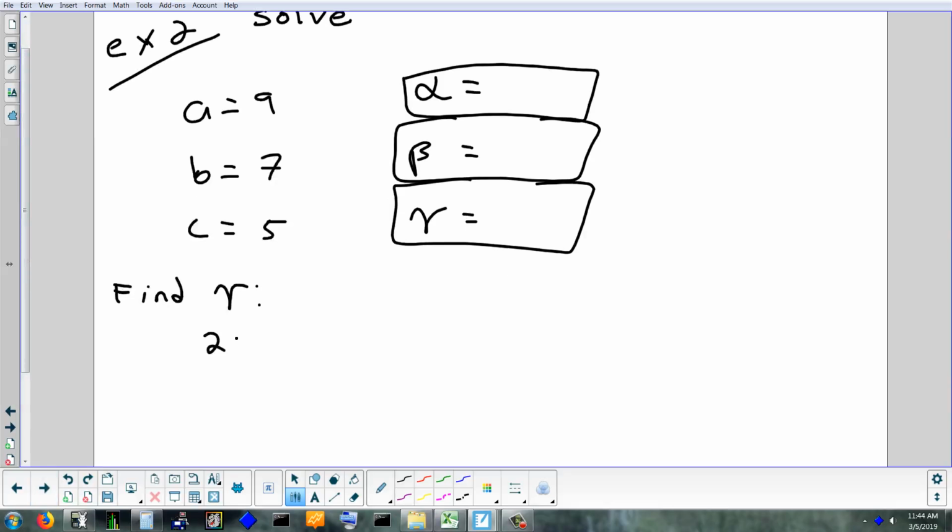C squared, yep, plus 9 squared plus 7 squared, yep, minus 2 times 9 times 7. So 2, 9, 7, yep, goes 9.